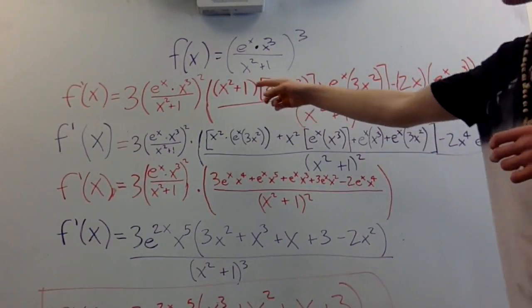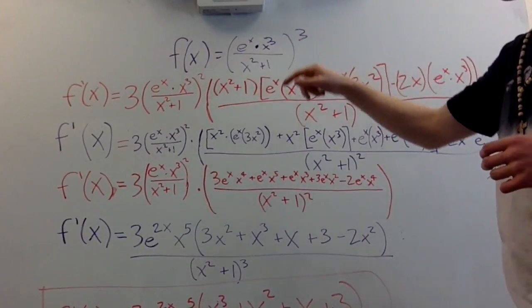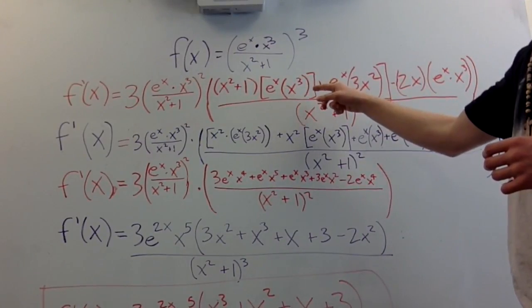So here that's what we did. x squared plus 1, that's the bottom function, multiplied by the derivative of the top function, which would be e to the x times x to the third.